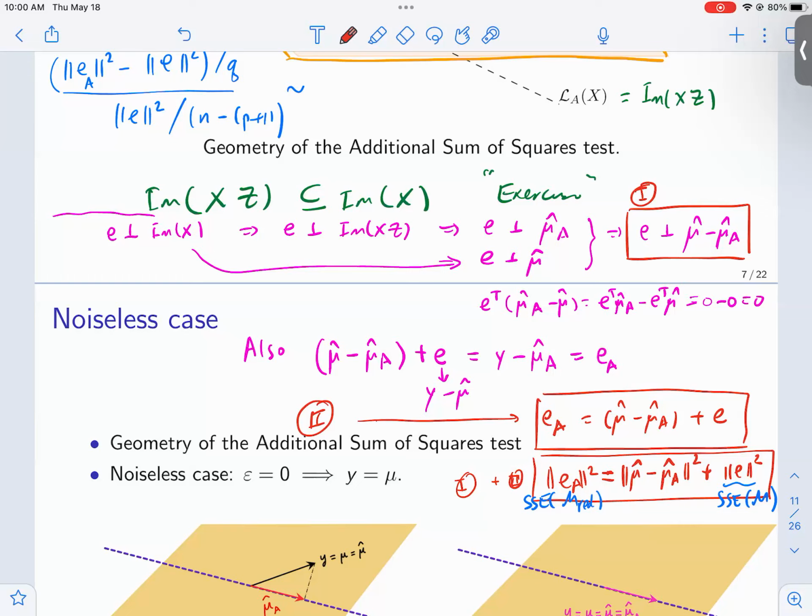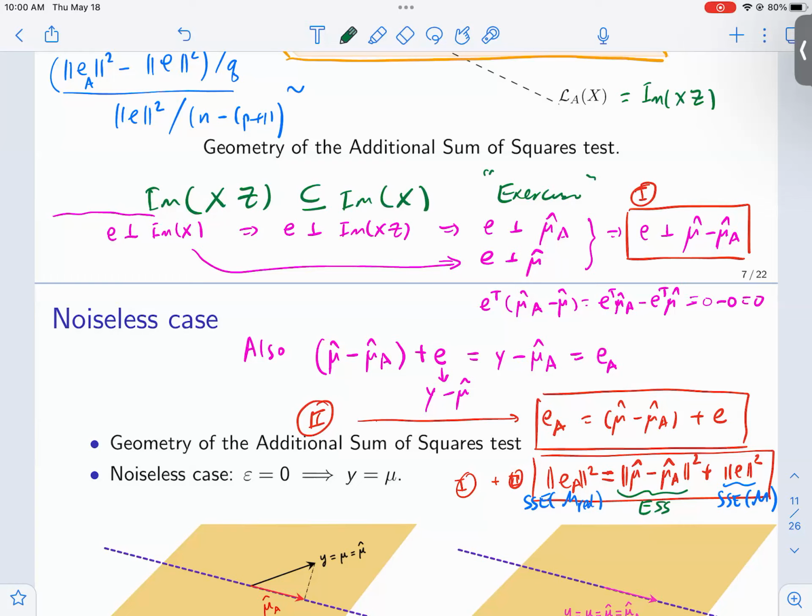So this SSE is decomposed into that part, which is not a standard notation, and we can write it as extra sum of squares or additional sum of squares, which doesn't have a good acronym, so I'm not going to write it. So SSE of the reduced model is extra sum of squares plus SSE.